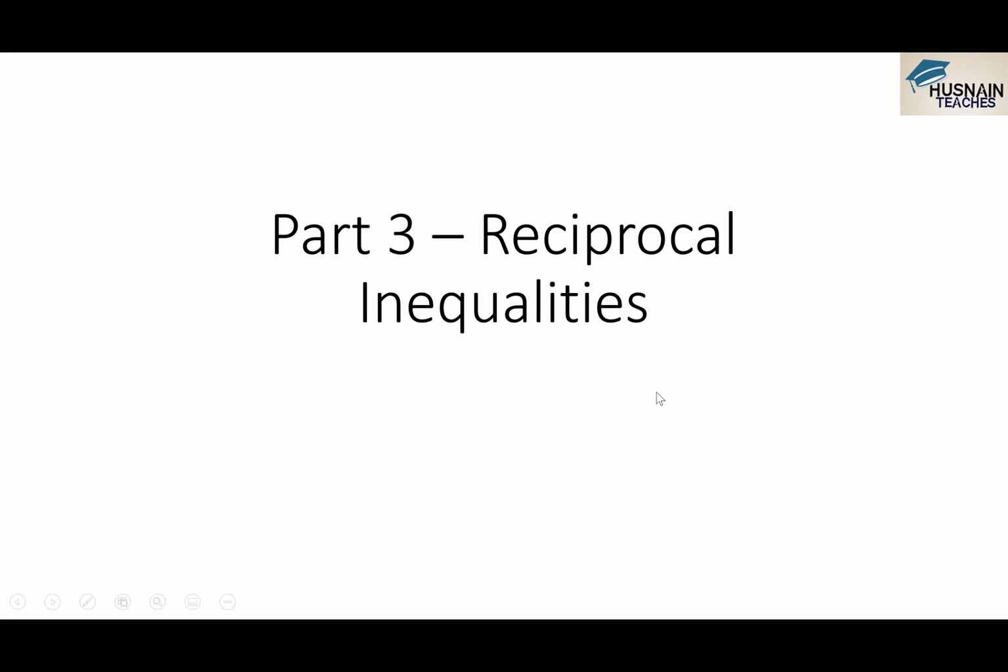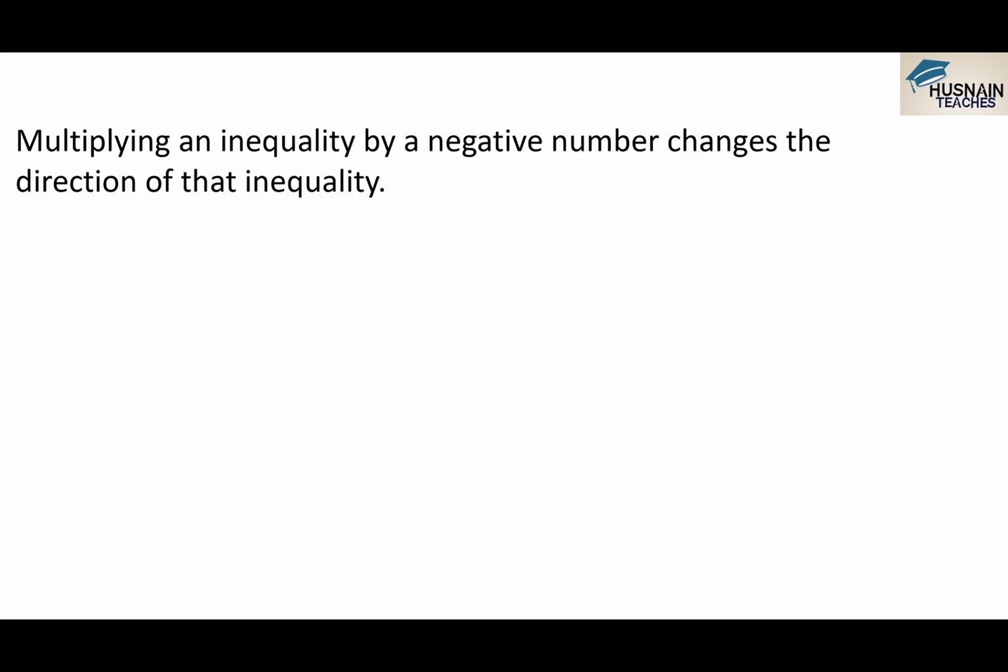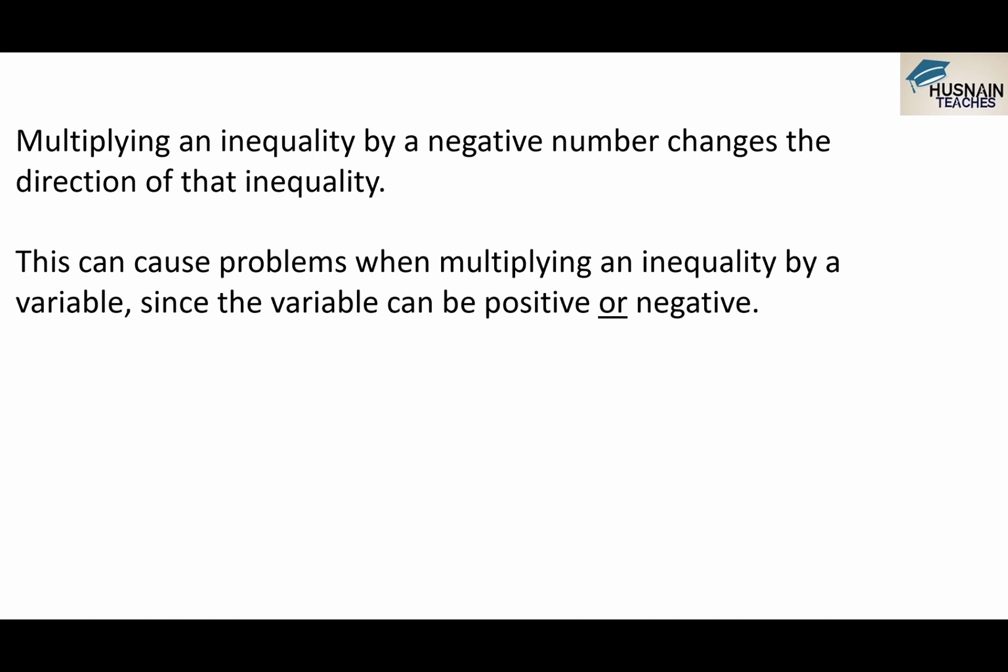So the third part is about reciprocal inequalities. We need to recall from GCSE that when we multiply an inequality by a negative number, the direction of that inequality changes. This can sometimes be a bit problematic when multiplying by a variable, because that variable can be positive or negative.